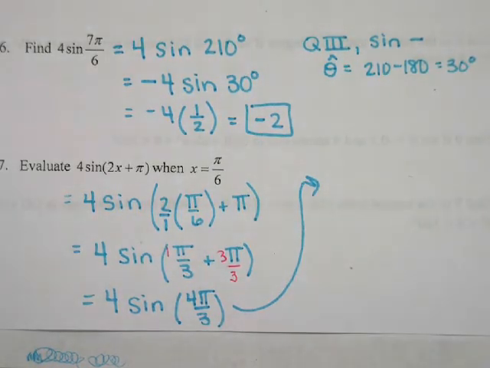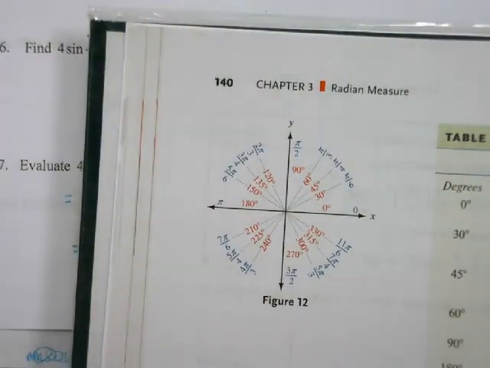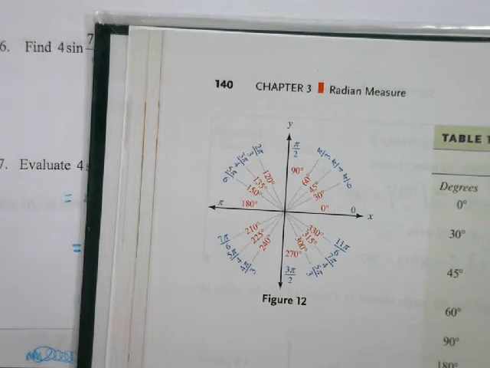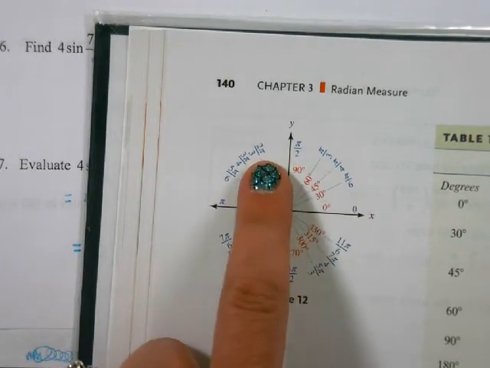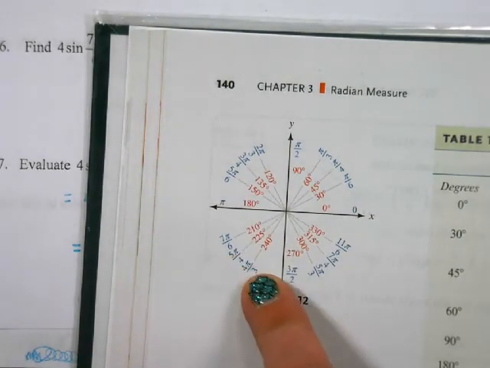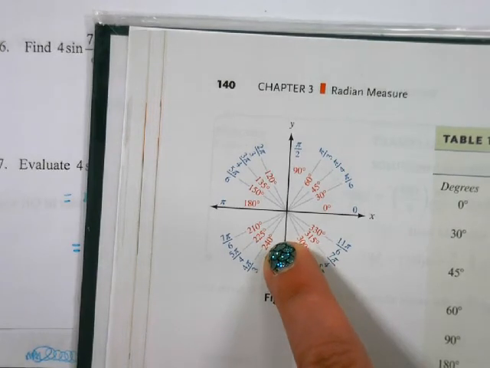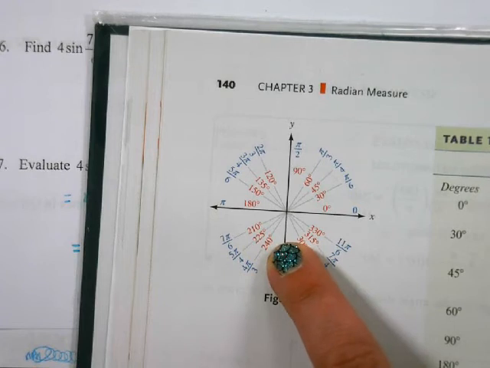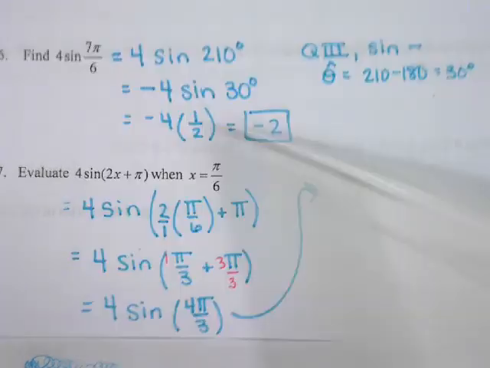Either convert it with your formula, 4 pi over 3. You see it? 240, right? Okay.